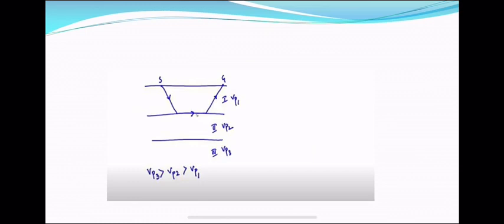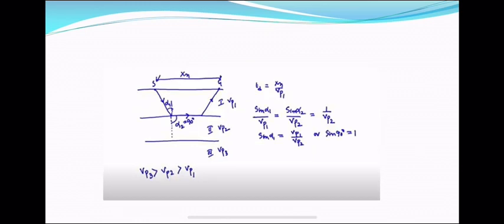That means there is a direct ray. Similarly, I am doing the derivation for the second layer. The first layer is VP1, the second layer VP2, and the third layer VP3. The direct ray travel time T suffix D is equal to Xn by VP1.